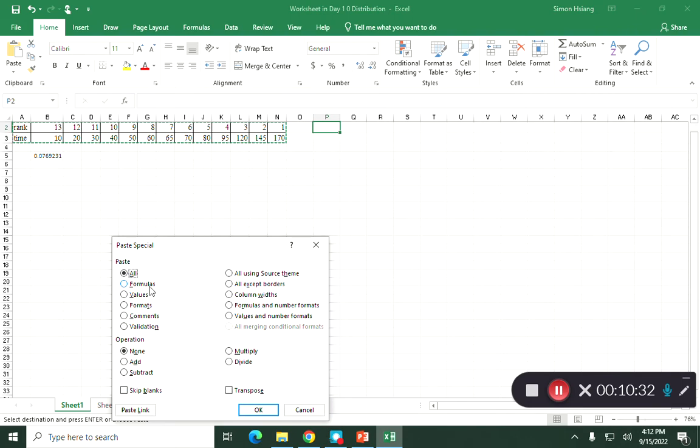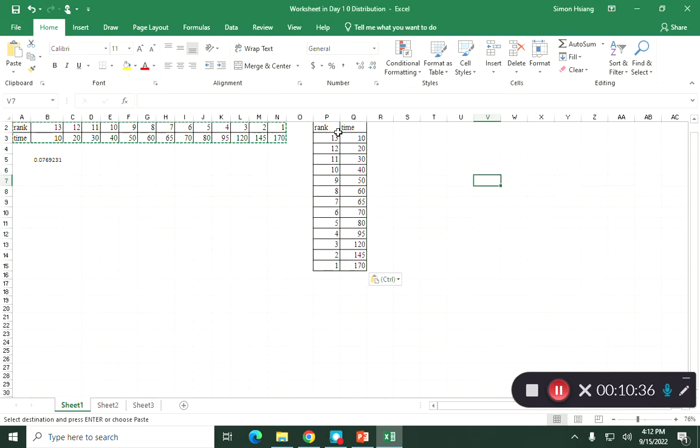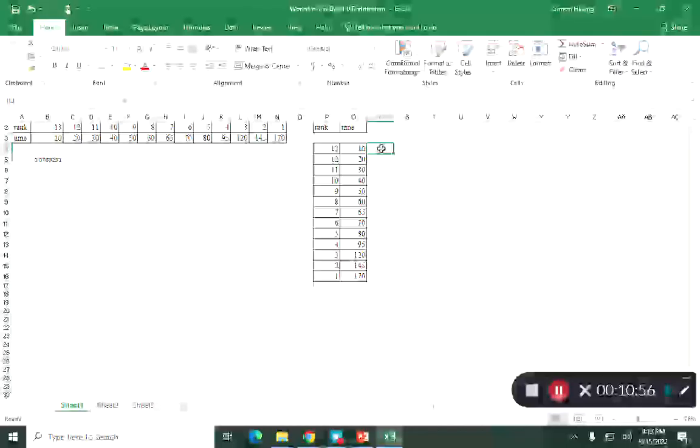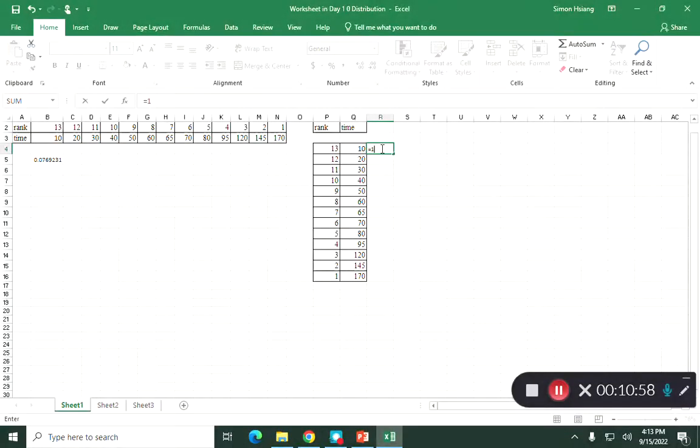If I increase one value here, let's just consider this is a stepping function. So each one of them is 1 over 13.